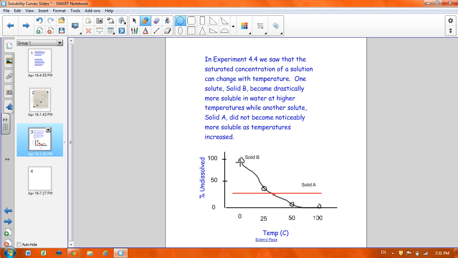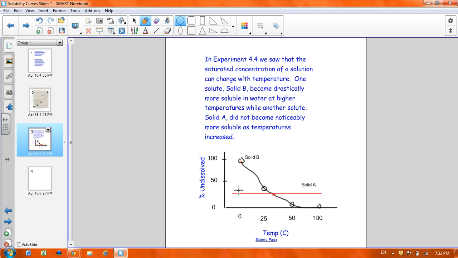And then around room temperature, 25 degrees Celsius, maybe 30 or 40% of the test tube appeared to be solid. And then at 100 degrees Celsius, or maybe 95 degrees Celsius, all of solid B dissolved, which is why we have a corresponding value of 0 on the vertical axis.